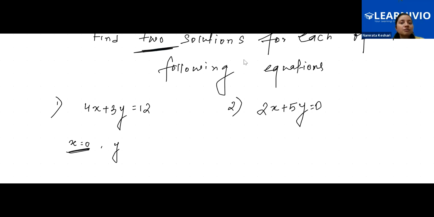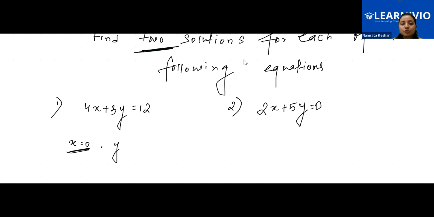Let's substitute x equals 0 over here, and please tell me what the y value will be. Substitute x equals 0, and you will be able to calculate the y value. Tell me what that y value is. 4.